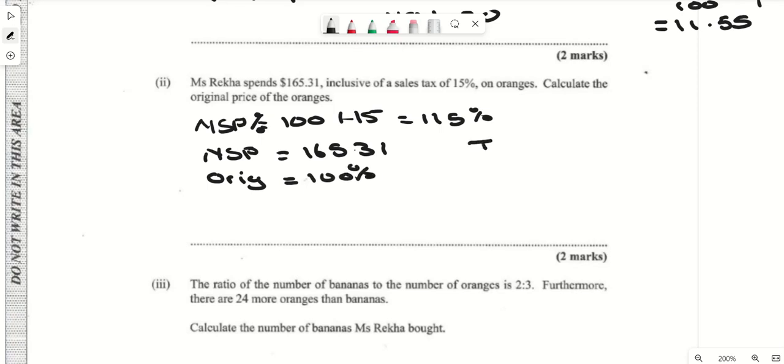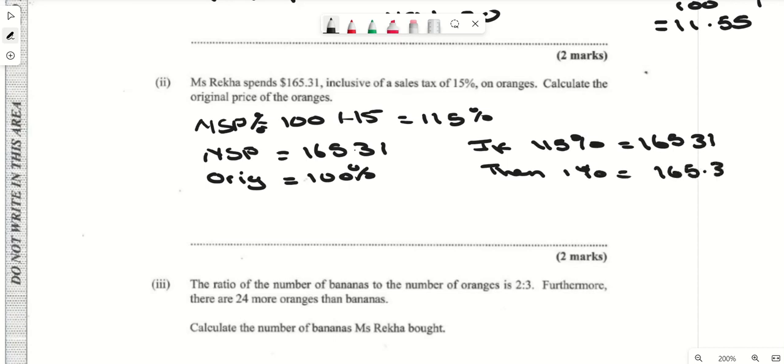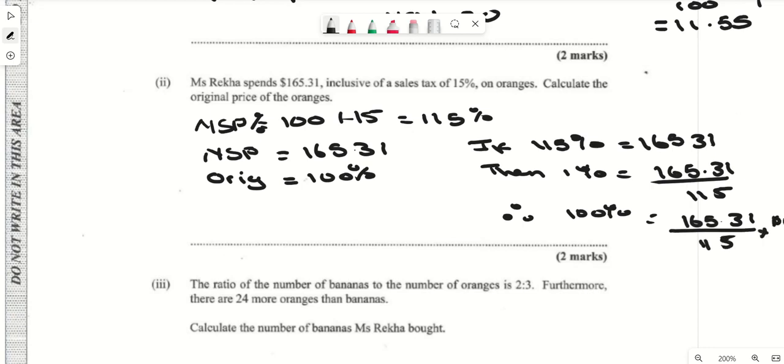So you're going to do your if then therefore. If 115% is equals to 165.31, then 1% is equals to 165.31 divided by 115, and therefore 100% would be 165.31 over 115 multiplied by 100. Use your calculator. As I said, your calculator is your friend. 165.31 divided by 115, right?